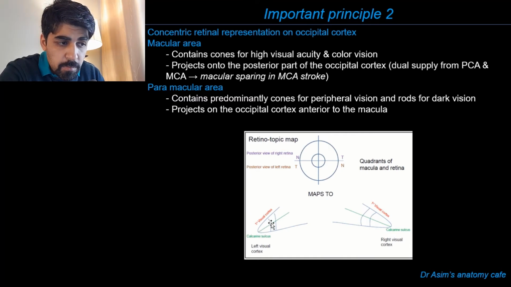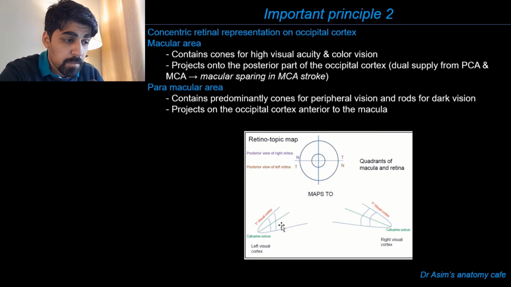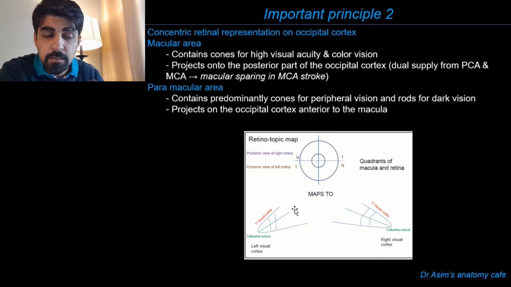The primary visual cortex is situated around the calcarine sulcus, and the central part of the retina, the macula, which is the area for the highest visual acuity and is concerned with color vision because it has the highest density of cones in it, is represented onto the posterior part of the occipital cortex, whereas the paramacular area or the peripheral part of the retina, that contains predominantly cones for peripheral vision and lots of rods for the dark vision, is projected onto the primary visual area anterior to the macular area.